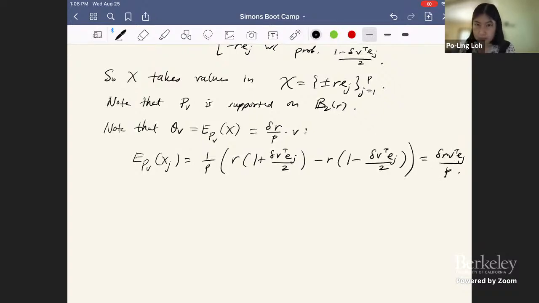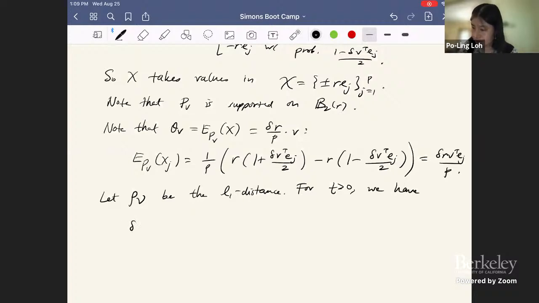Okay. So now we need to look at these separations. Remember, we have some sort of a metric that's defined on the v's themselves. So let this be the L1 distance. Then for t bigger than 0, the separation function was one half of the minimum of the distance between the two thetas when the metric between the v's was bigger than t.